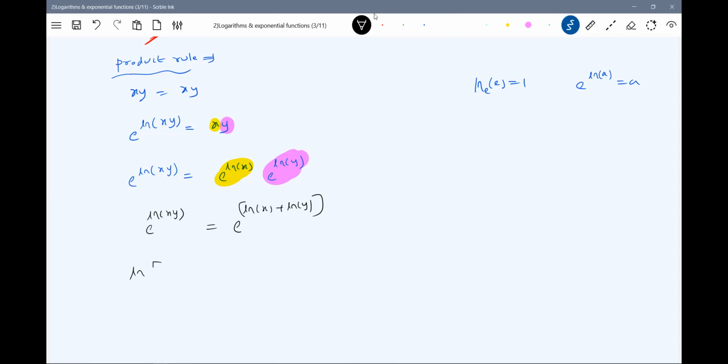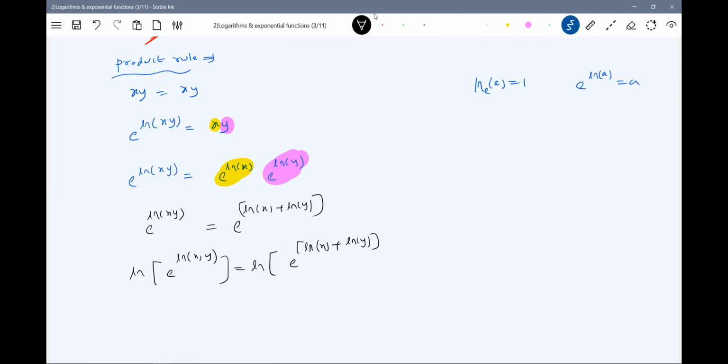Taking log on both sides, the log gets cancelled.